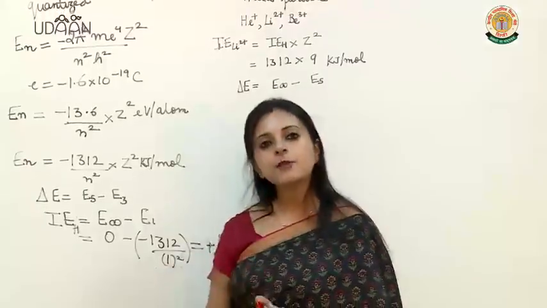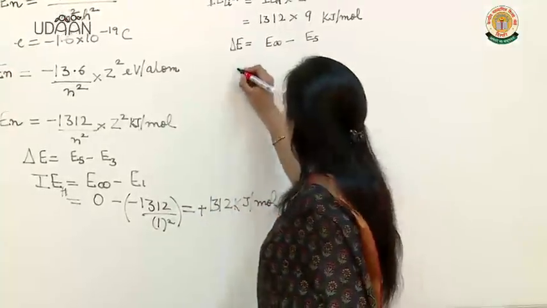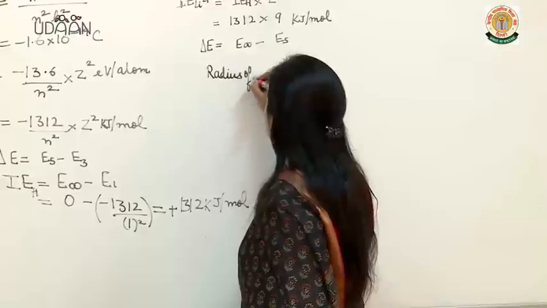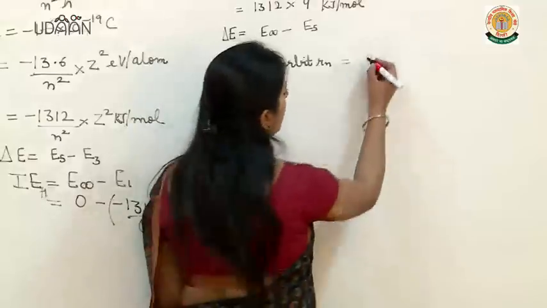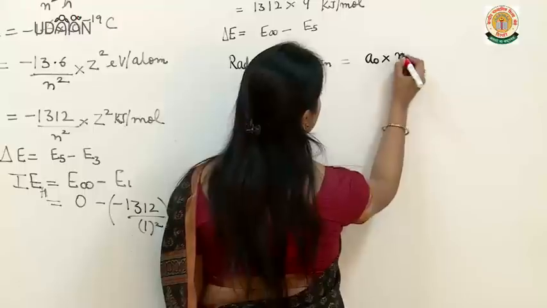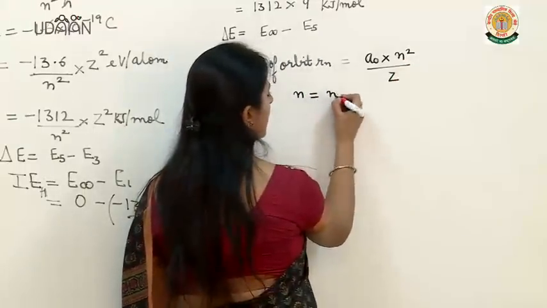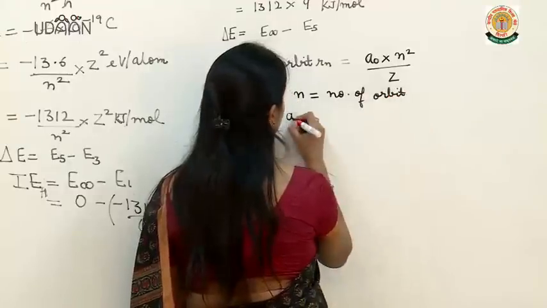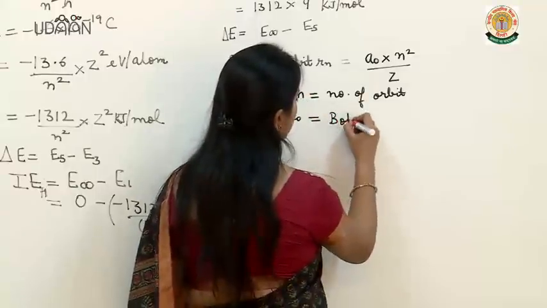Now, if you have to find out the radius of an orbit, again we have a formula. Radius of orbit Rn is equal to A naught into n square by Z. Now, n is the number of the orbit, Z is the atomic number and A naught is the Bohr radius.